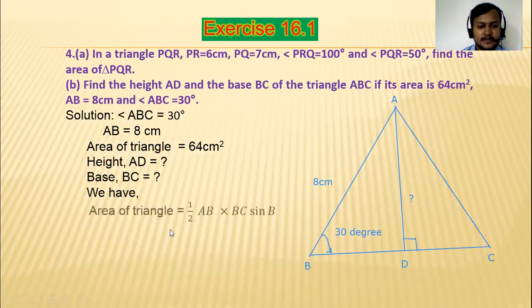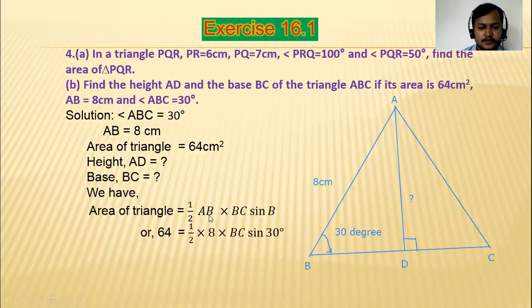So area of triangle is equal to 1/2 AB into BC into sine B, product of two sides into sine of angle between them. Area of triangle is 64, AB is 8 centimeter, BC is not given, sine B means sine 30 degree.